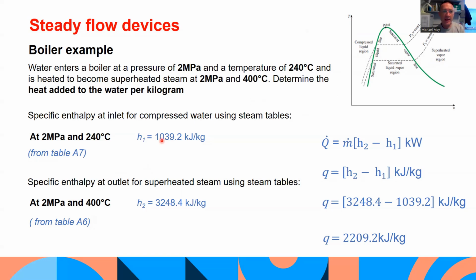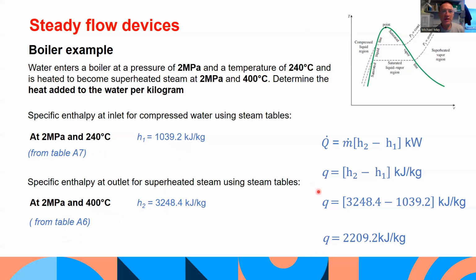So for table A7 at 2 megapascals and 240 degrees C, which is the compressed liquid water table, the enthalpy is 1039.2 kilojoules per kilogram. In the outlet, we use table A6 for superheated steam, and at 2 megapascals and 400 degrees C, the enthalpy is 3248.4 kilojoules per kilogram.